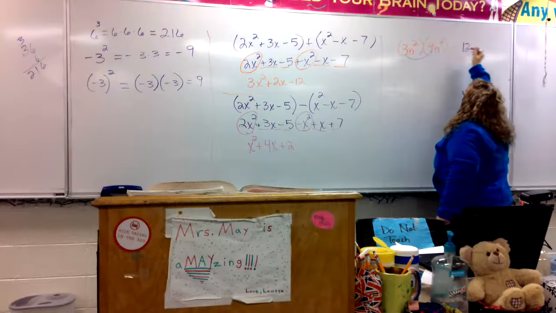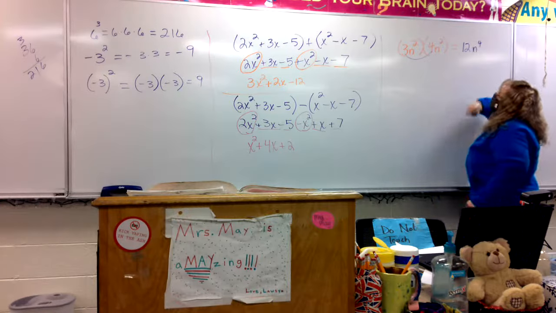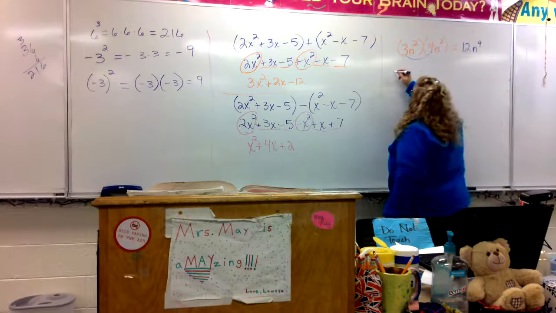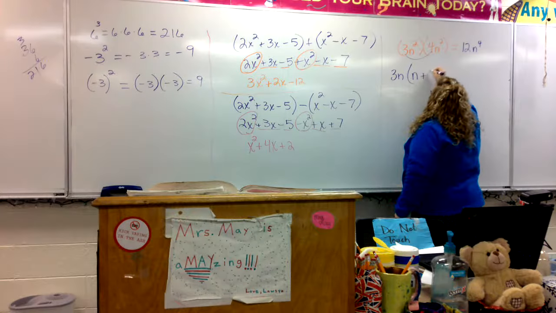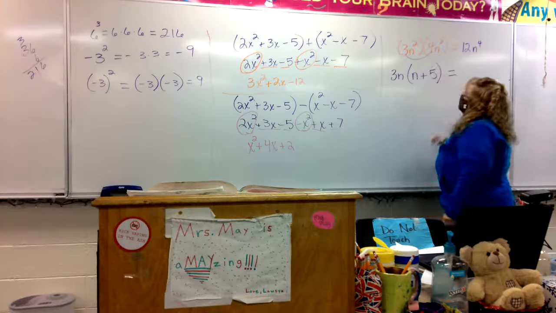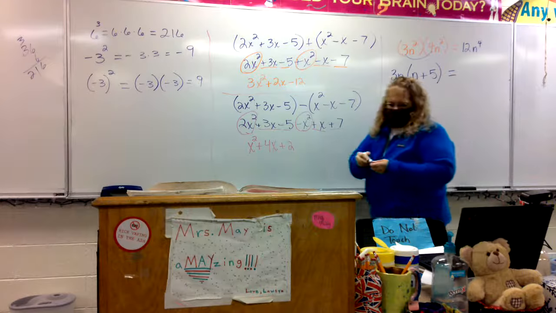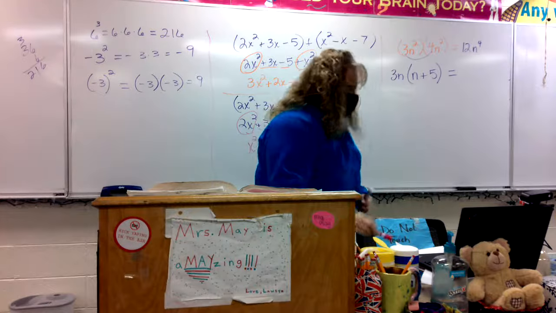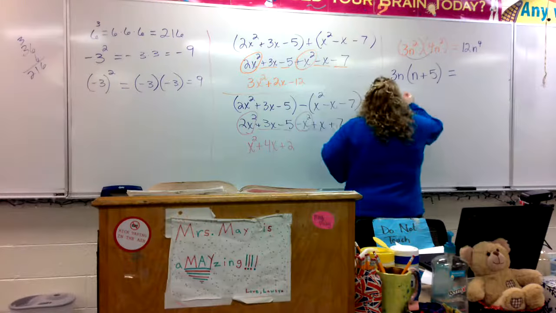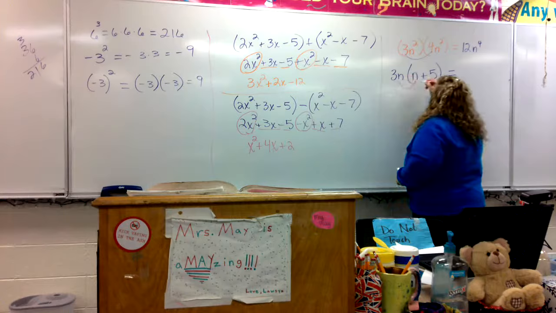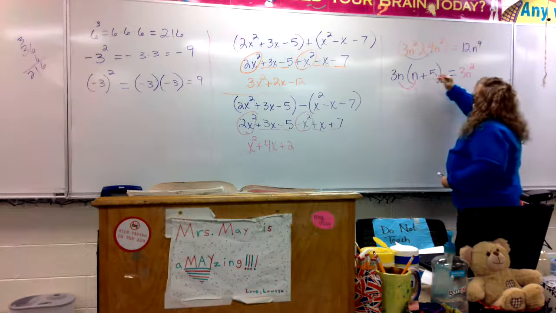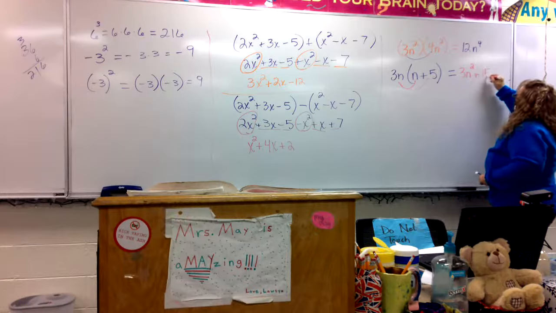N squared, n to the 4th, right? Then we also did things like this. Remember doing those, where you have to use the distributive law? You have to use the distributive law. What do you get? 3n squared and 15n.